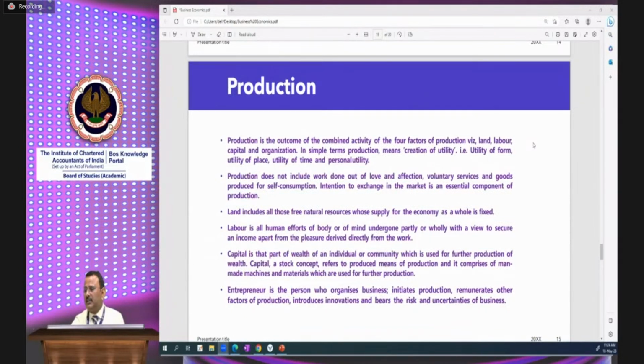Now, the third unit in your study module is regarding production. If you have studied the indifference curve thoroughly, what is the significance of the indifference curve? What are the two goods that have been plotted on the different axes?